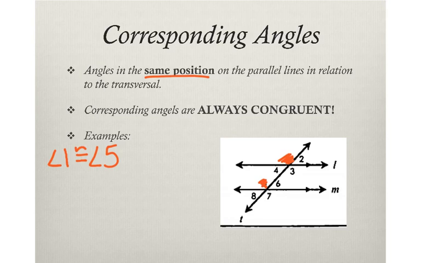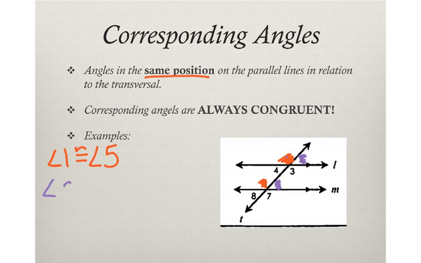Now, let's take another color. So I'm going to do angle 2. If I pick up line L again and put it right on top of line M, which one is going to be corresponding to it? If you're saying angle 6, you're correct. Because if you notice, they're in the same position, just on different lines.